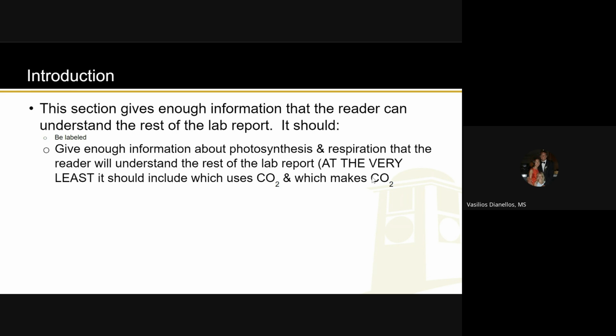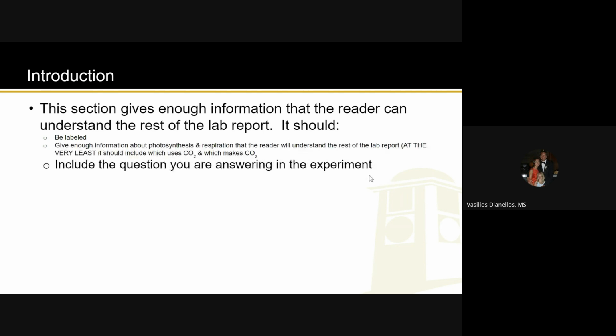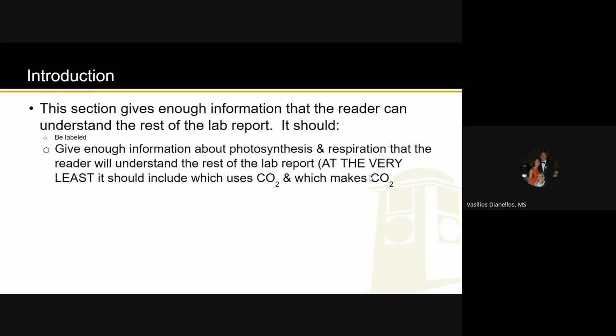Because later in the introduction, you're going to need to explain how photosynthesis changes pH and how respiration changes pH. And you can't explain that unless you first explain which one uses and which one produces carbon dioxide, right?